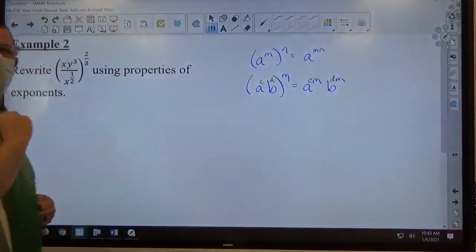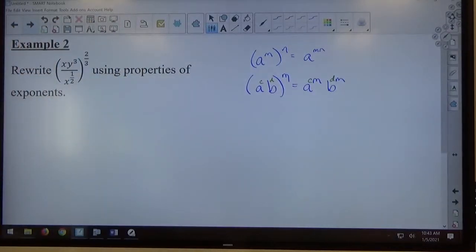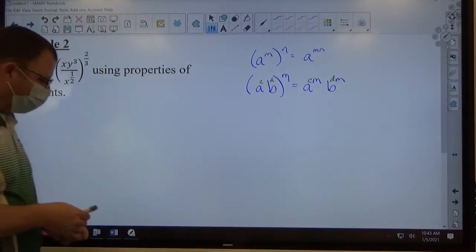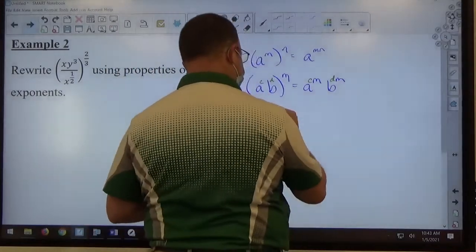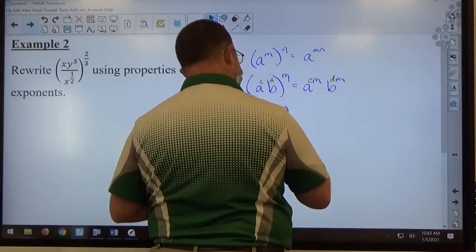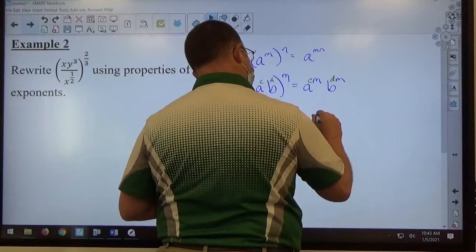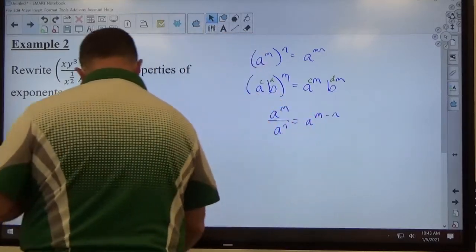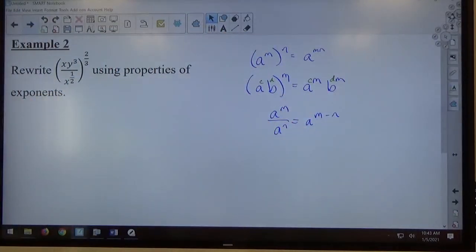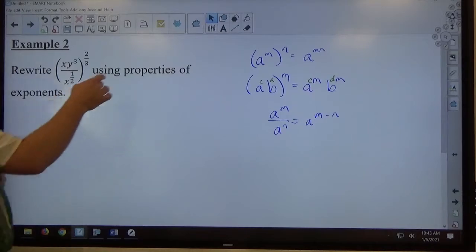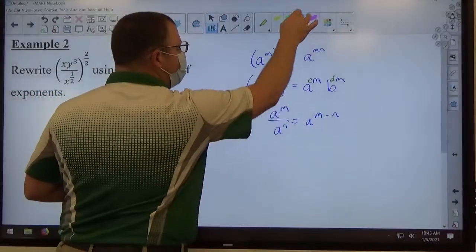All right, that's legal also. And the other rule that's happening is the quotient of powers rule.